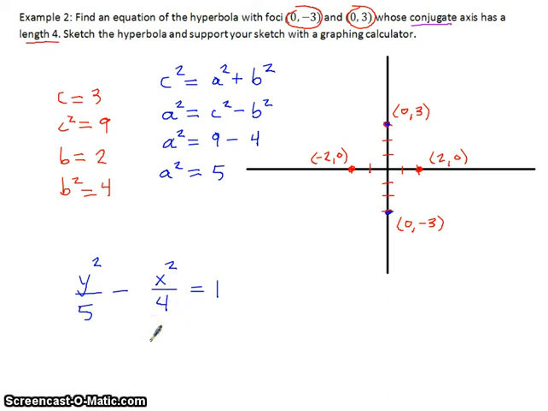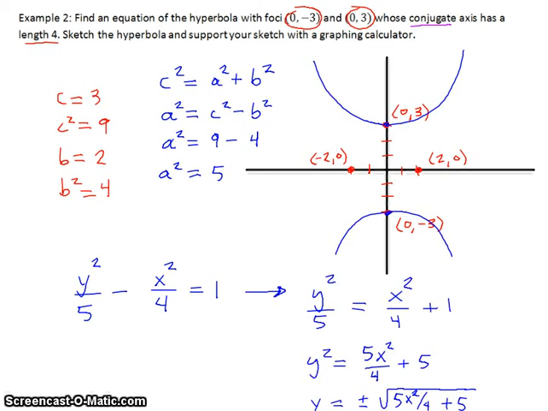We want to support the sketch with a graphing calculator, which means that we would need to solve this particular equation for y. So here we have our equation solved for y, and we need to plug in plus and minus the square root of 5x squared over 4 plus 5, and that will show us the hyperbola on our calculator.